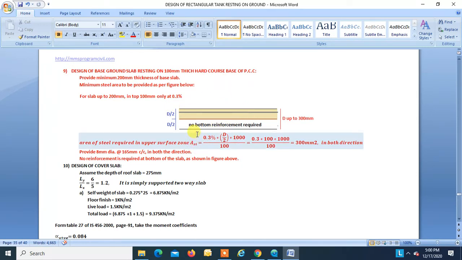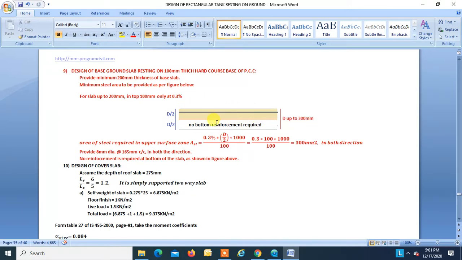Now, in case of a water tank resting on ground, when the water tank is filled, there will be a downward pressure due to liquid, and that pressure will be nullified by the upward pressure of the soil below the slab. But when the water tank is empty, there will be upward pressure below this slab due to the dead weight of the base slab.